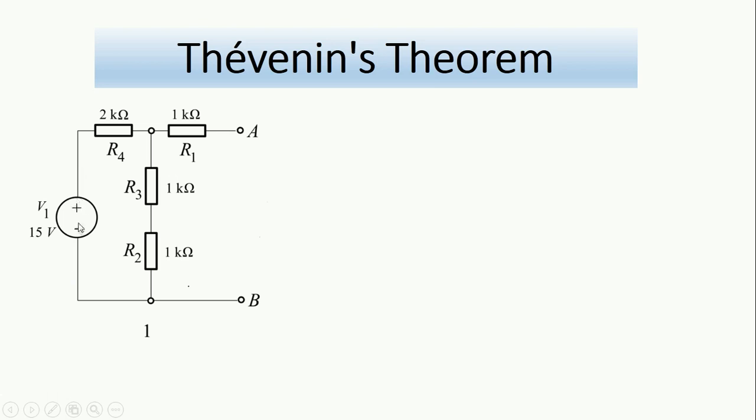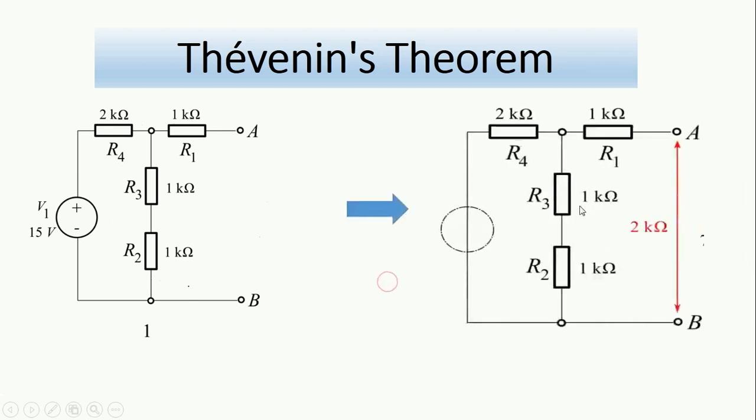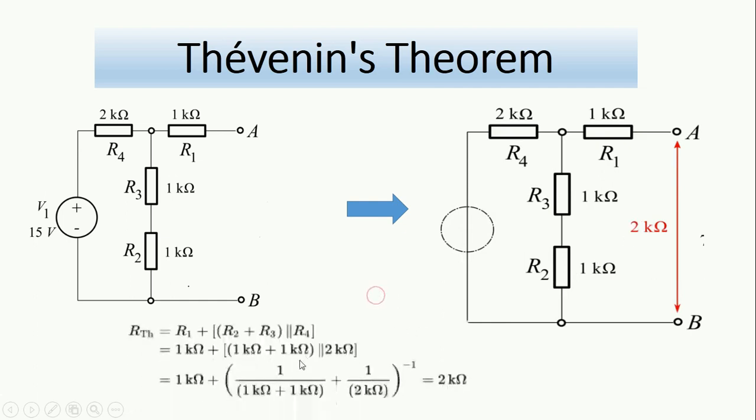If we convert this to a short circuit, it becomes obvious that R2 and R3 are in series, together they are in parallel with R4, and the sum is in series with R1. That gives us the total resistance, which comes to 2 kilo ohms.